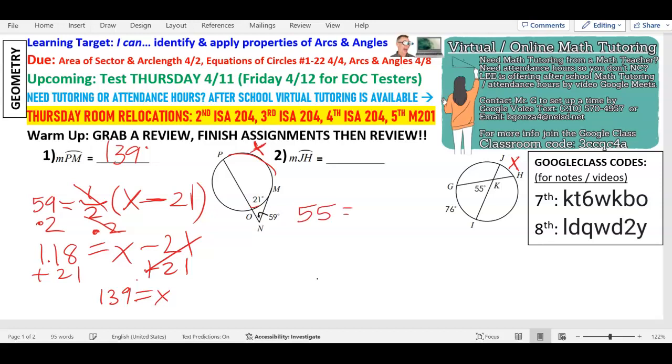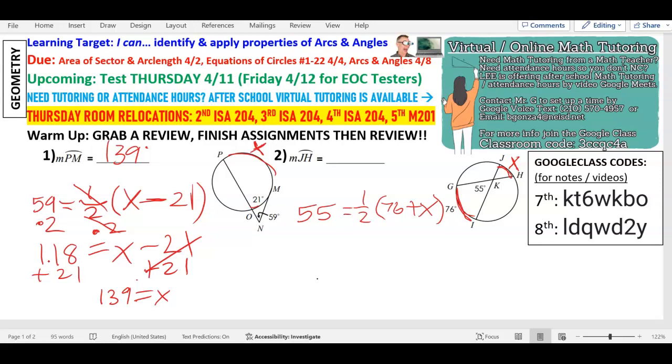55 equals, and that 55-degree angle intercepts 2 arcs. So the equation is going to look pretty similar. You got this warm-up sheet? Because you can get one if you don't. So similar equation. We put the 1/2 parentheses, and instead of subtracting for the outside angle, we are going to add for our inside angle. So we're going to do 76 plus x. I know it looks ugly because this pen is not helping me out.